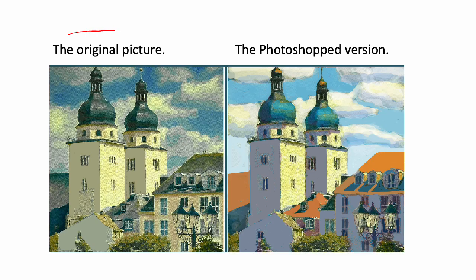In this picture, do you think this is a sunny day or an overcast day? It's hard to tell. But in my Photoshop version, I think you would agree it's definitely a sunny day. So one of the problems with this first picture is that there's no dominant light direction.